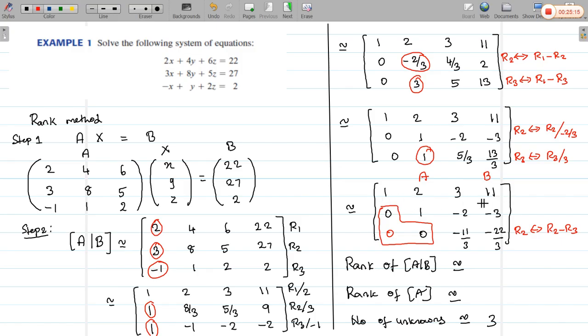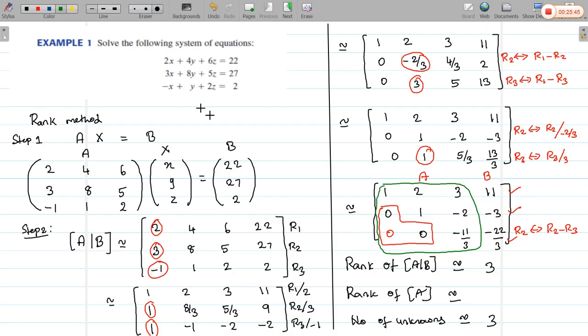Now for A, B together, let us see what the rank is. Is it all 0? Is it all 0? Is it all 0? So then what is the rank of AB? Is that clear to everyone? Now we need to check the rank of A. When we check the rank of A, we take only this A. Only the A. Is that okay?